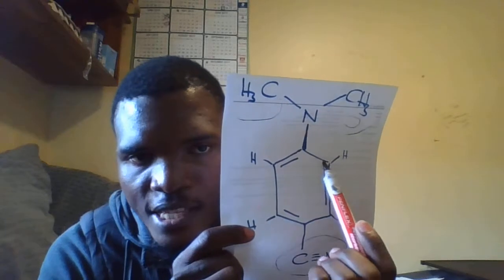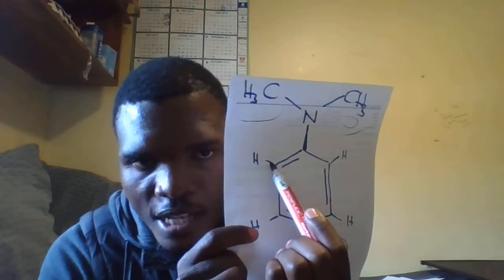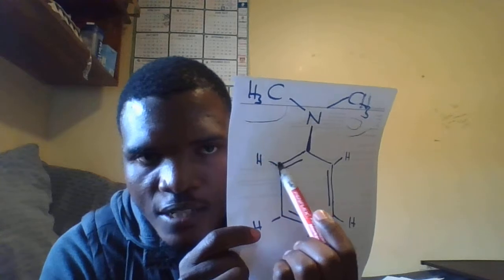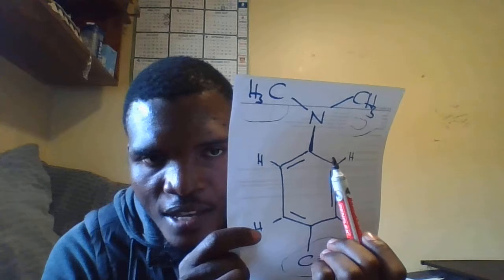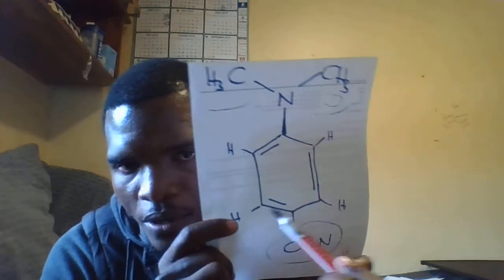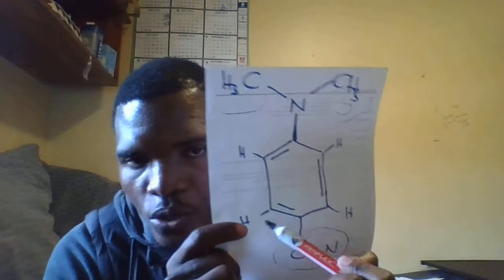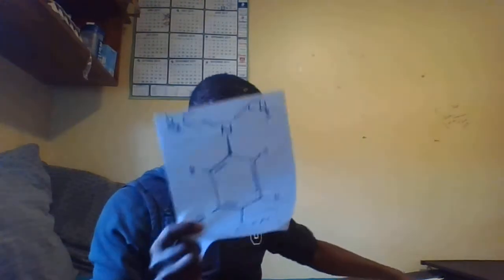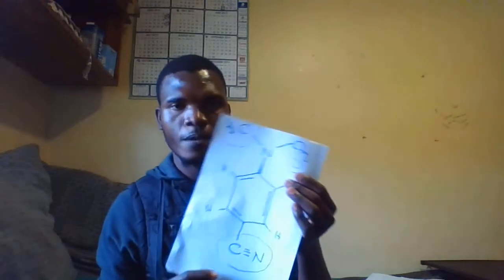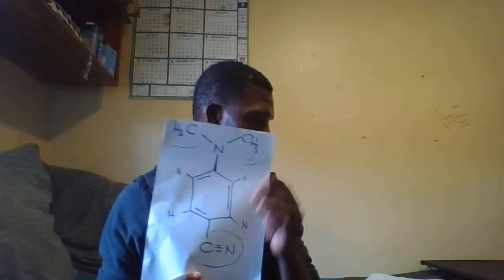Then if you check this carbon and this carbon, they are equivalent. Then this carbon and this carbon, they are also equivalent, so they give us 1 peak, which is a doublet. So if you check in our carbon NMR, we have 2 doublets.